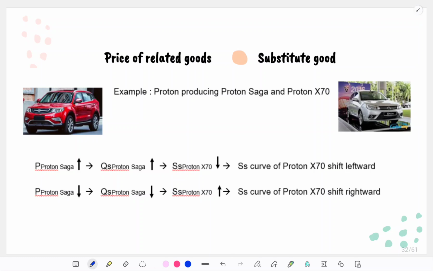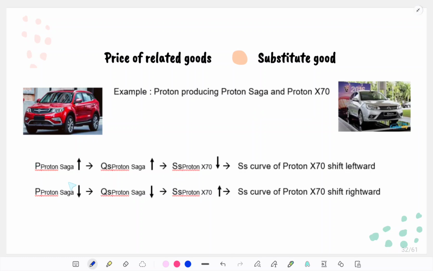For substitute goods, these are goods that use the same resources, but you can only produce one at a time. For example, Proton Holdings producing Proton Saga and Proton X70. So Proton needs to decide: either they want to produce Proton Saga or Proton X70.